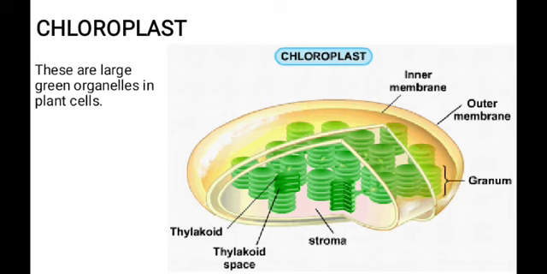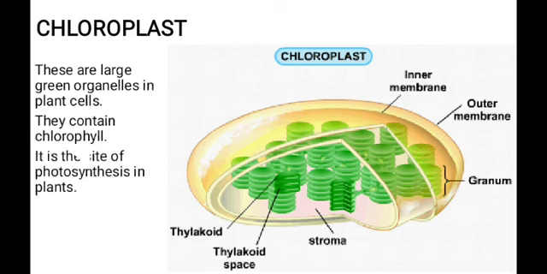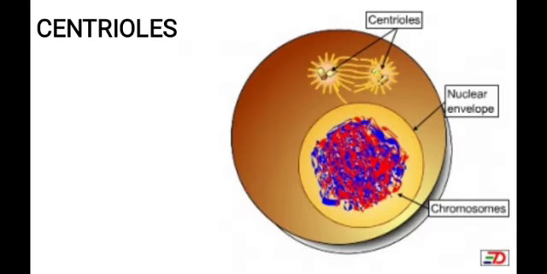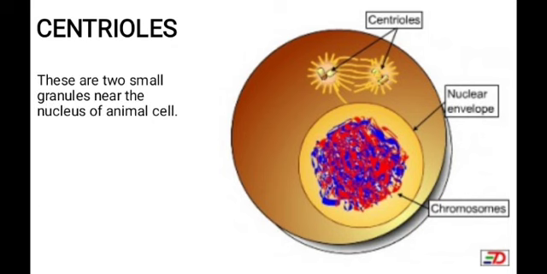They are large green organelles in plant cell, and they contain chlorophyll, which means they are the site of photosynthesis in plants. The next one is the centrioles. The centrioles are two small granules near the nucleus of animal cell. They are involved in cell division.